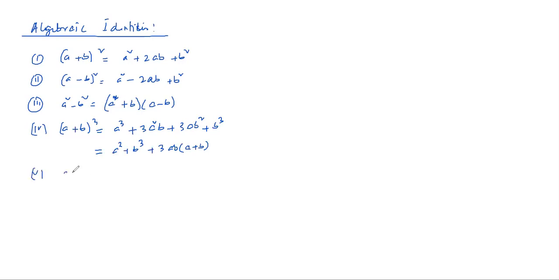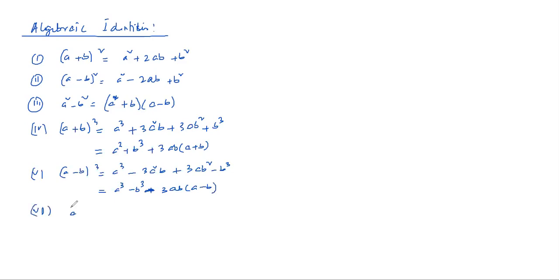And then a minus b whole cube gives you a cube minus 3a square b plus 3ab square minus b cube, and this is a cube minus b cube minus 3ab into a minus b.